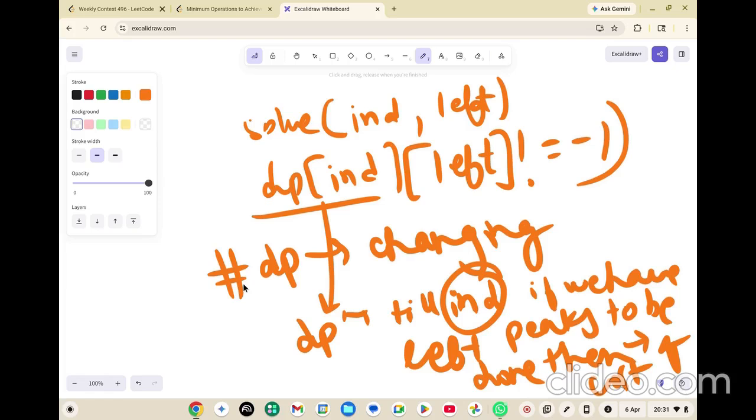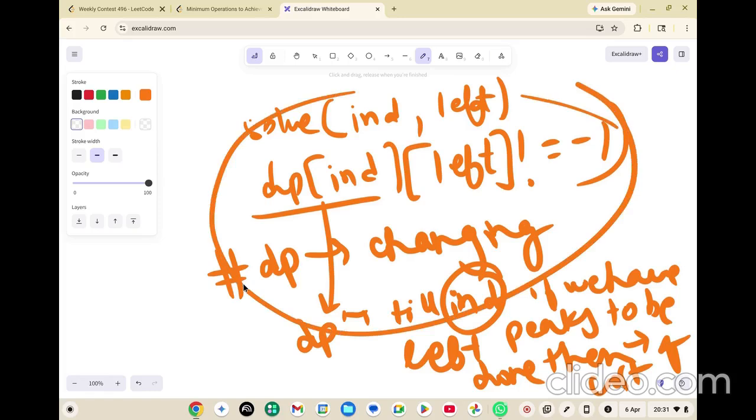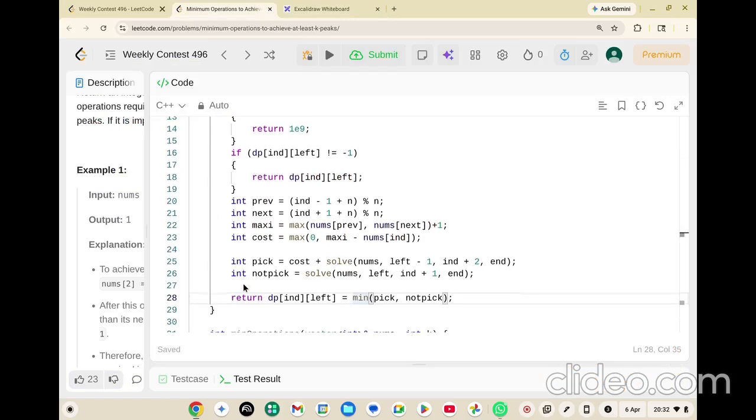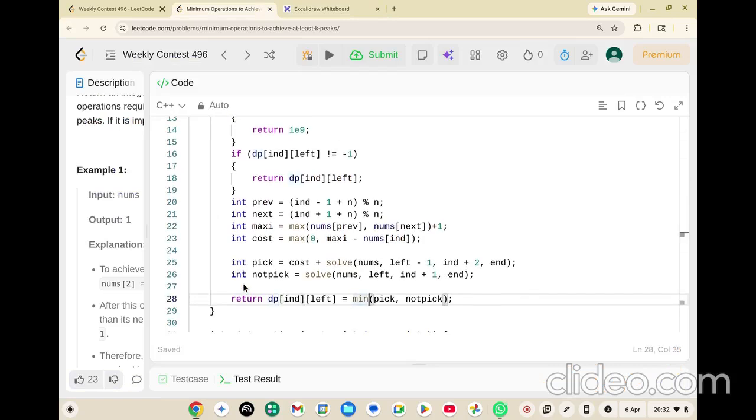So I hope this is clear to you, what this dp line means and how we change it. Index is changing and left is changing, so these two are the changing parameters. So at the end, we are just returning min of pick comma not pick.